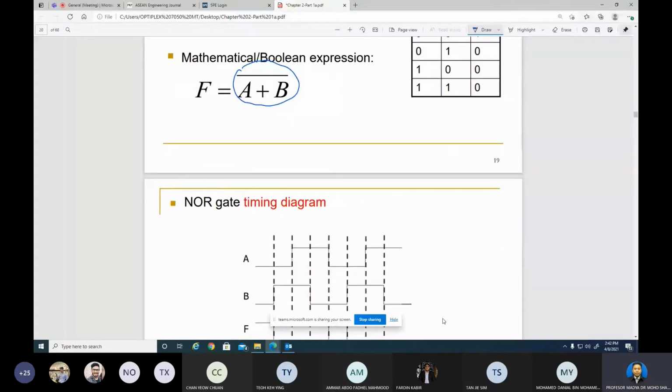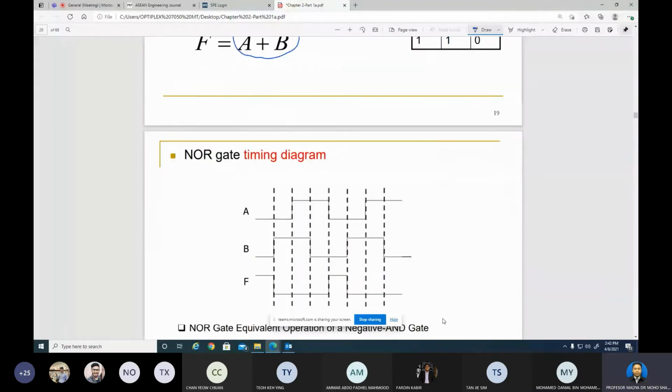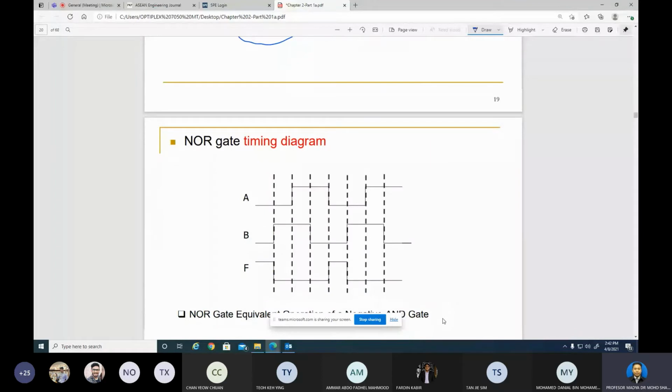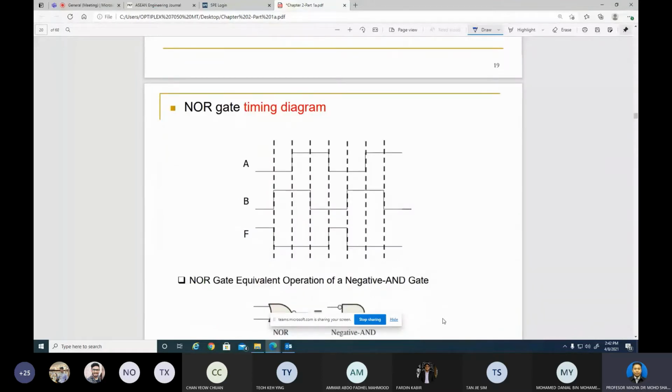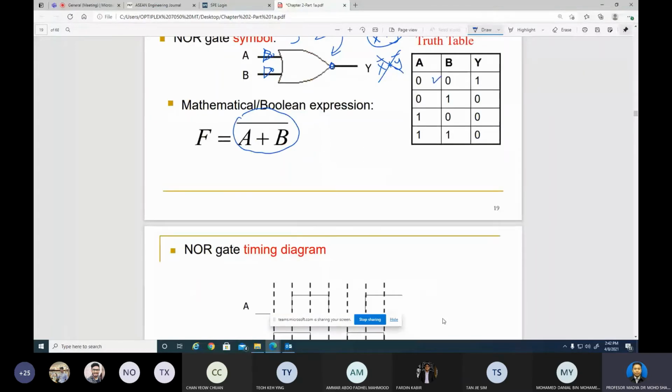All right, and then this is the timing diagram based on the truth table. For example, the output will be 0 until we get the 0, 0. When the inputs are 0, 0, the output will be 1. The rest will be 0.